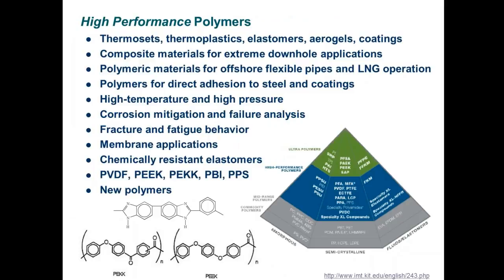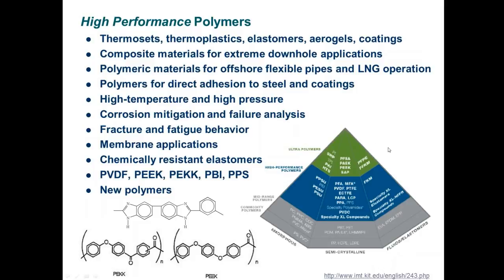Now, what we are referring to are basically the hierarchy of polymer materials starting from base or commodity polymers. So whenever you encounter polyethylene, polypropylene, PVC, polystyrene, these are high-volume commodity polymers used in everyday things.